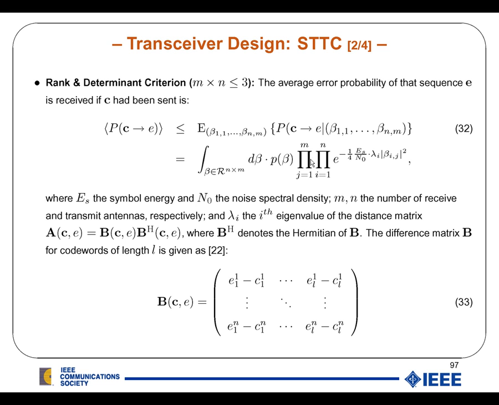Now that is quite a well-known equation, and we find up here an eigenvalue that is the ith eigenvalue of the distance matrix A, which is composed of B, where B is given as a difference matrix for the code words, meaning if I generate a code word E and I receive code word C, then that difference matrix is given right here.